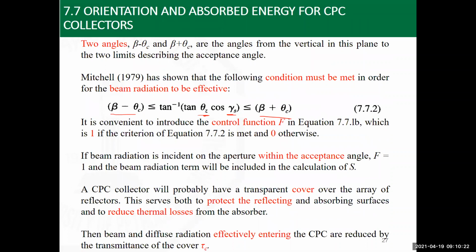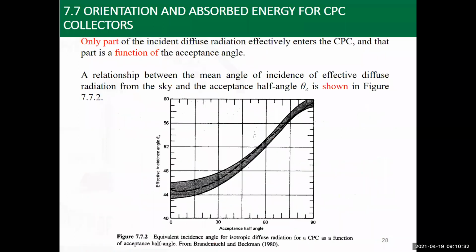And if you have a cover, then the amount of radiation falling into the receiver is going to be reduced by the value of the transmissivity of the cover, which is expected. Then this figure is representing the effective incident angle as a function of the acceptance half angle. So a part of the incident diffuse radiation enters the CPC, and that part depends on the acceptance angle.